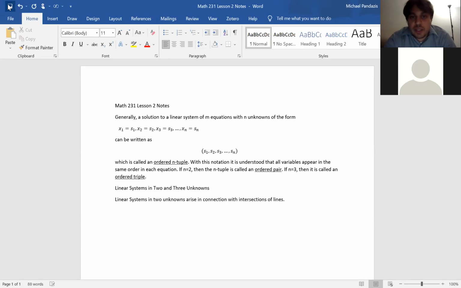Okay, so one linear equation with 2 unknowns would be expressed as a line. Another linear equation with 2 unknowns would be expressed as another line. Points on the line correspond to solutions of that single equation, right? Points on the line correspond with solutions. Points not on the line correspond with things that are not solutions.